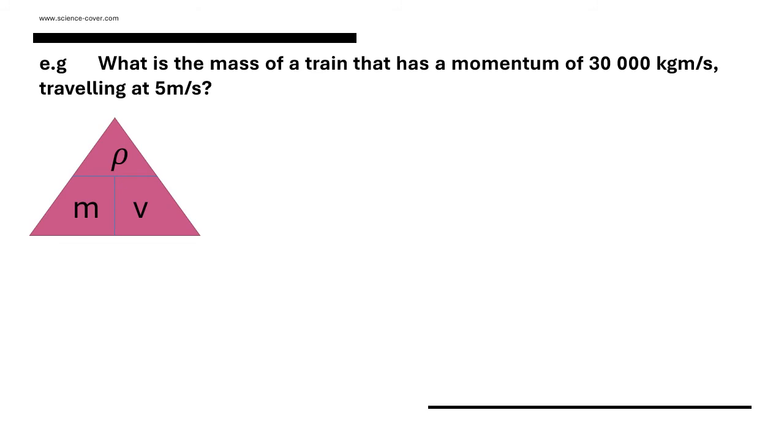So I want the mass. So the mass is the momentum divided by the velocity. If I substitute in the numbers, that's 30,000 divided by 5, which gives me an answer of 6,000, and since it's mass, the unit is kilograms.